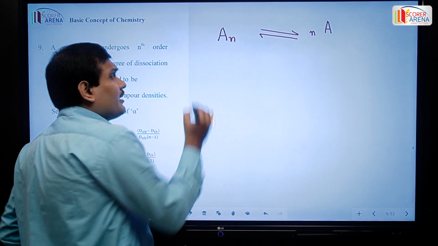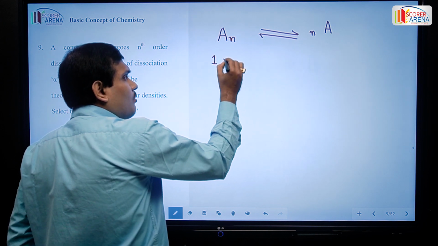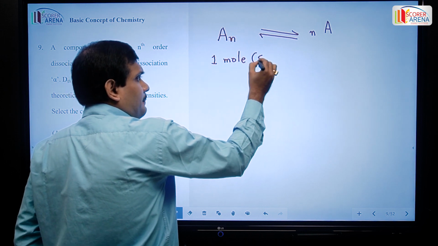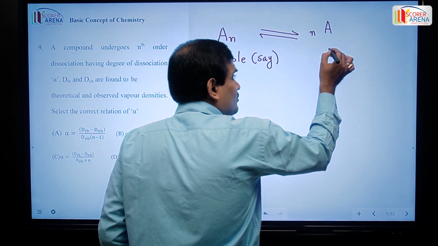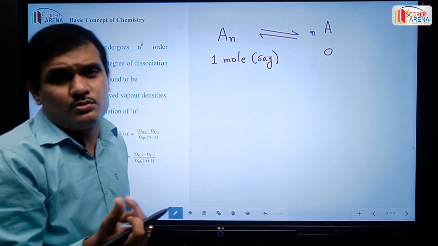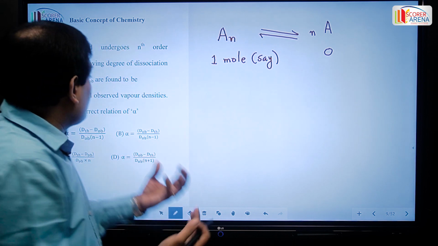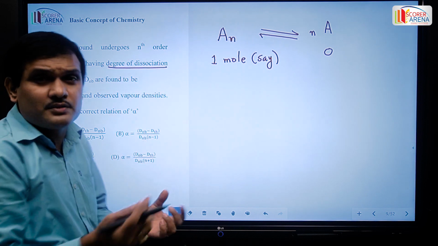Now I am taking 1 mole, say initially 1 mole of the component is taken. When there is no breakage, the component A produced will be 0. Now if it breaks up, it will have a degree of dissociation alpha. What is meant by alpha?